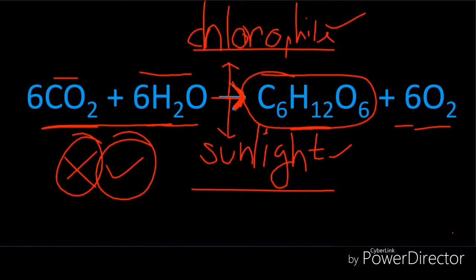And here we get 6 oxygen molecules, and this is the oxygen we need to live on earth, and this oxygen is released by the plant to the air.